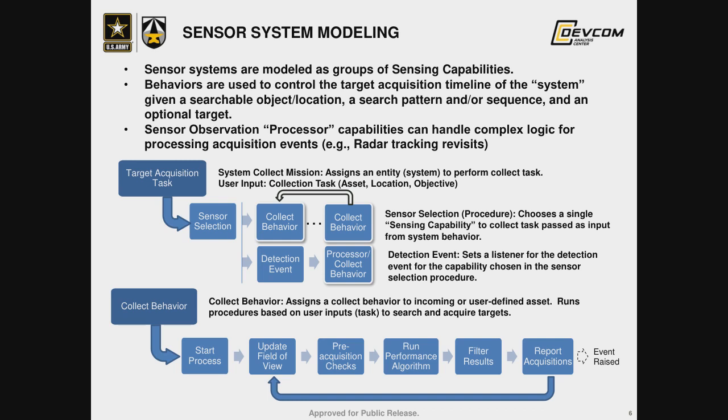So that's breaking out of just the search pattern, where you need to go back and revisit something that was already detected and was not part of the search pattern at first. Those sorts of behaviors you can write to handle the complex logic that's specific to how a certain sensor works.